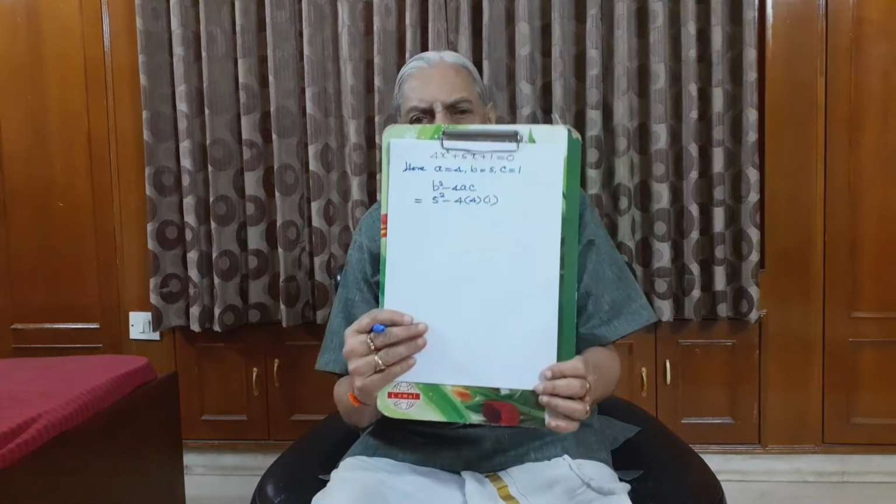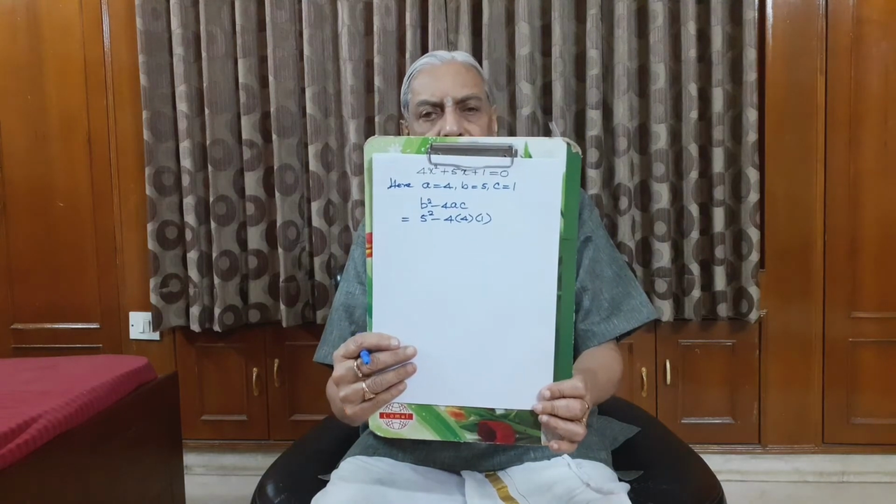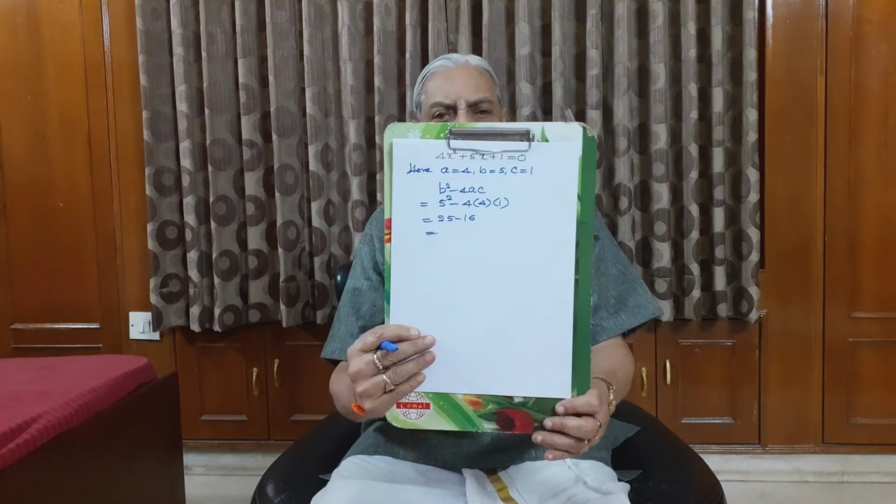Therefore 5 squared minus 4 into 4 into 1. Simplified further, what is 5 squared? That is 25, minus 4 into 4 into 1, that is 16. 25 minus 16, what is its value? 9.